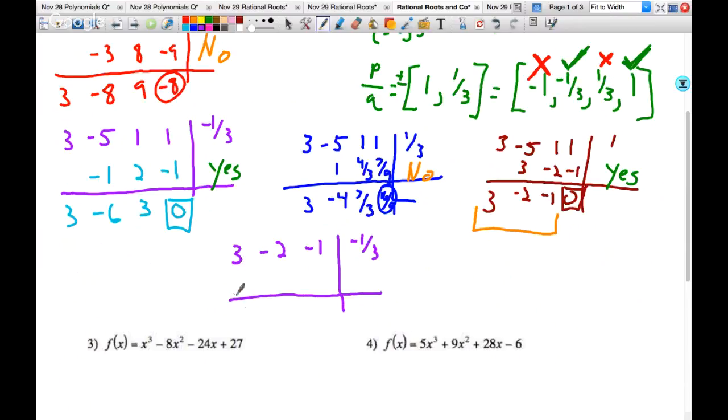So let me check negative 1/3 first. I'm borrowing the bottom row from this one. It doesn't matter. I could have picked this one. This is a negative 1. That's a negative 3. That's a positive 1. Did I do that right?